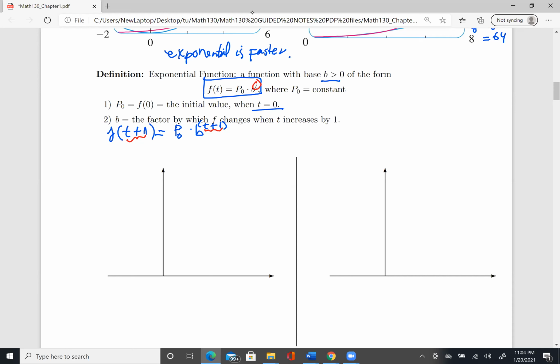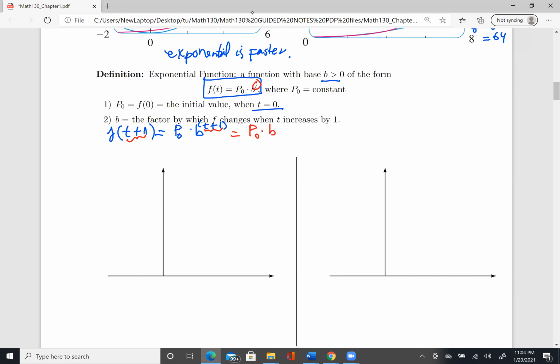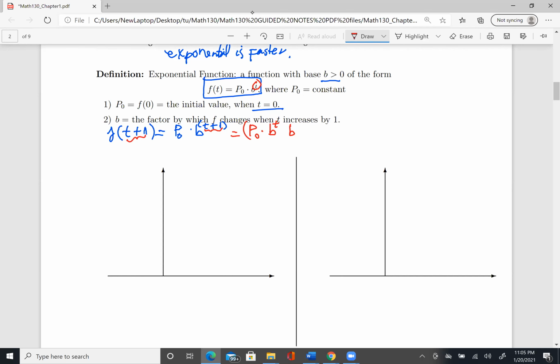So that's gonna be equal to p0 times b to the power t, and I can write another b here.